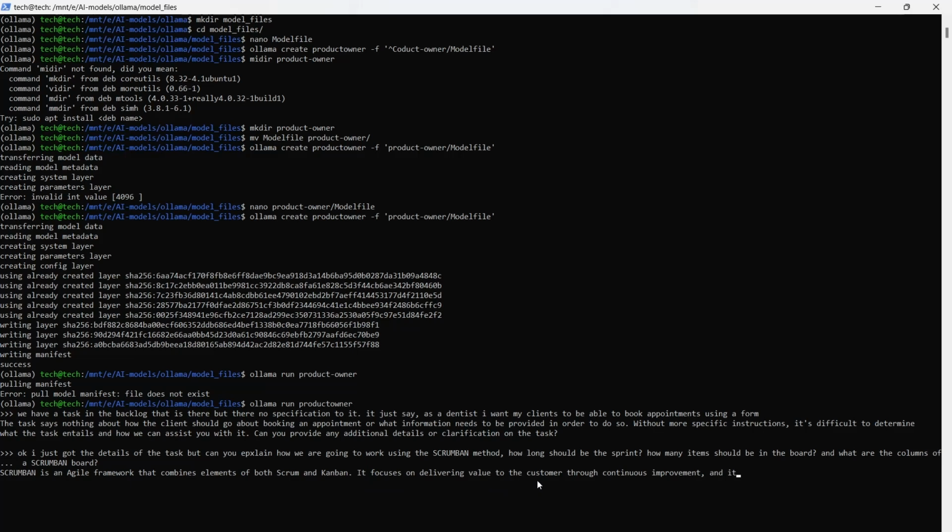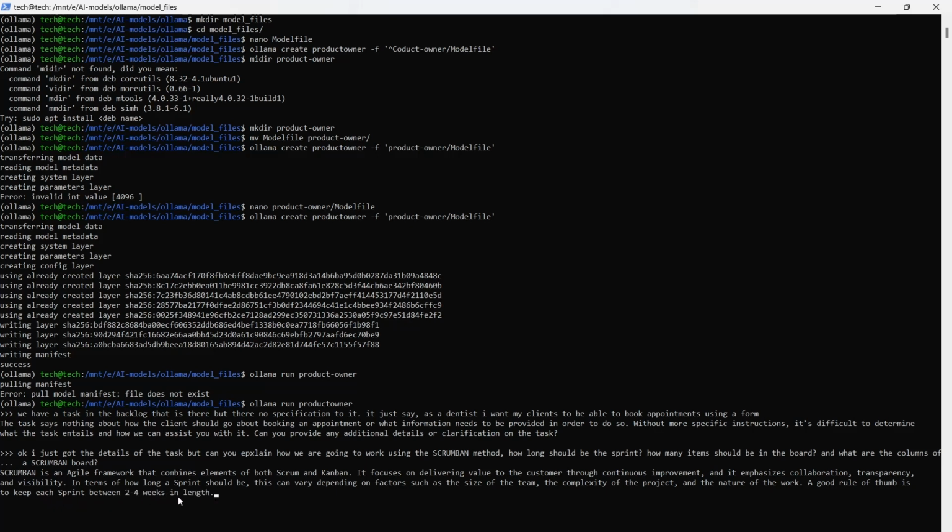It focuses on delivering value to the customers through continuous improvement, and it emphasizes collaboration, transparency, and visibility. In terms of how long a sprint should be, this can vary depending on factors such as the size of the team, the complexity of the project, and the nature of the work. A good rule of thumb is to keep each sprint between 2 to 4 weeks.